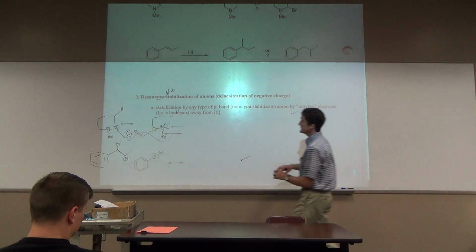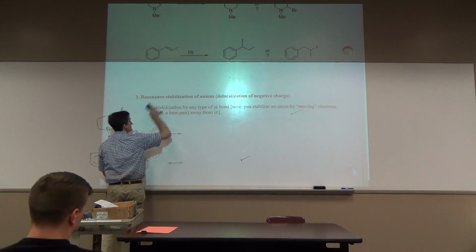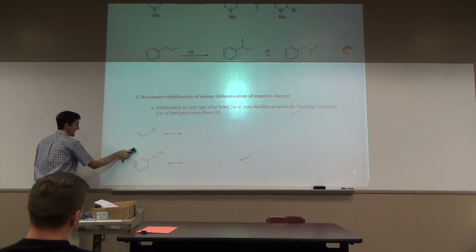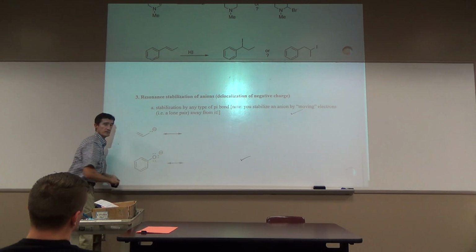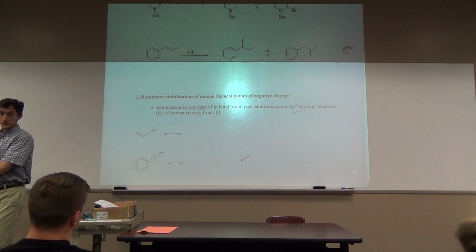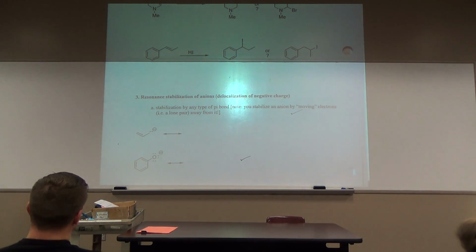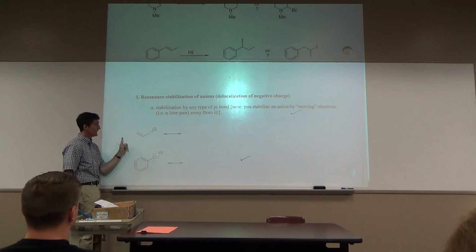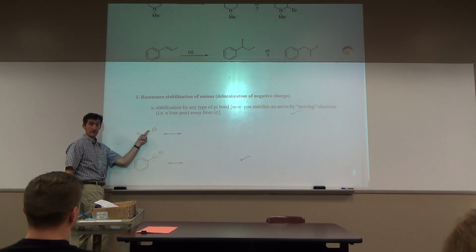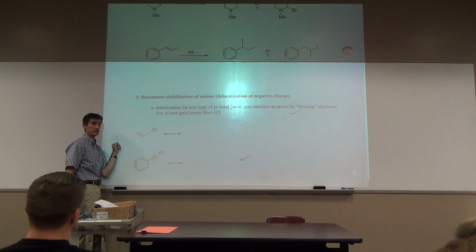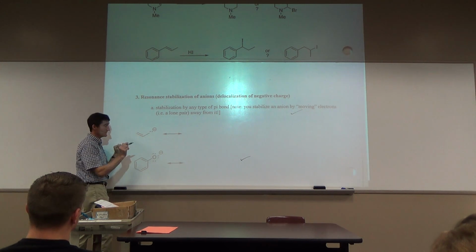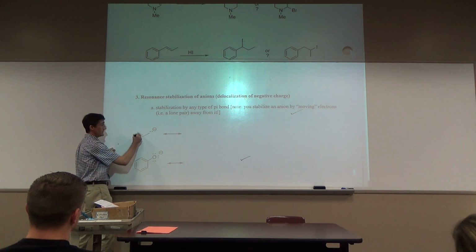Okay, resonance stabilization of anions. How do you stabilize an anion? Do you move electrons towards it or away from it? Away. That's the starting point. So here's an anion, a carbanion. Can you show resonance structure? Well, here's what you don't want to do. Pi bond. Boom.